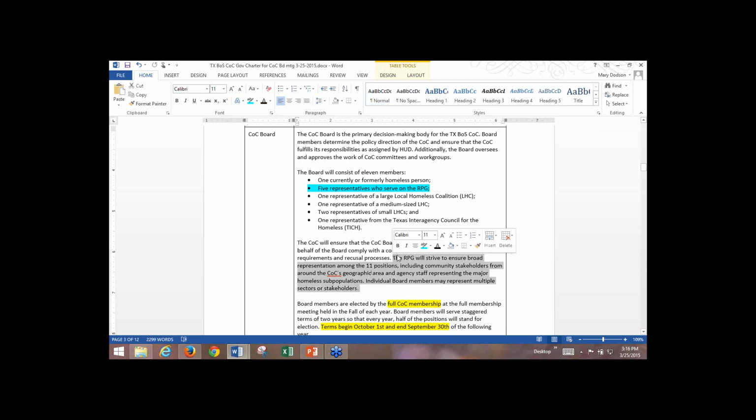And when I say we, I mean the COC would have the freedom of looking at who has been nominated already and identifying those areas of the state that aren't represented, and utilizing these 5 slots to recruit people from certain areas so we will have representation for that particular area in the COC board, and so we have a fair decision making process. And it looks like Mary has highlighted all of that pertinent information there.